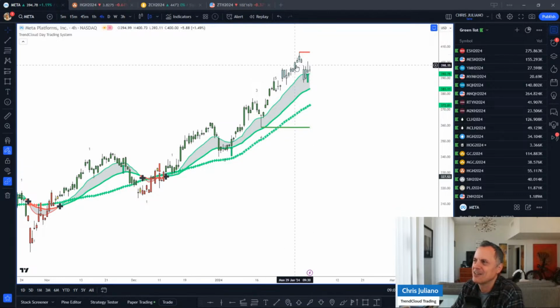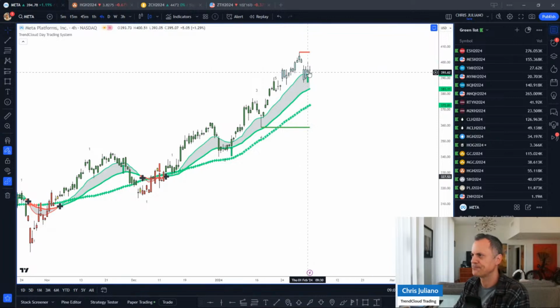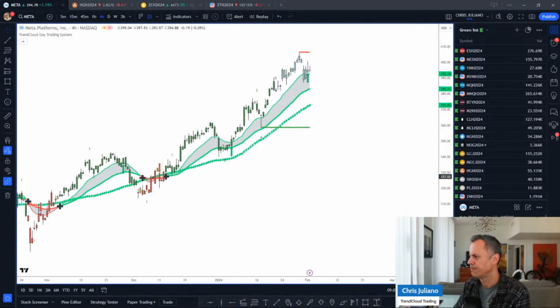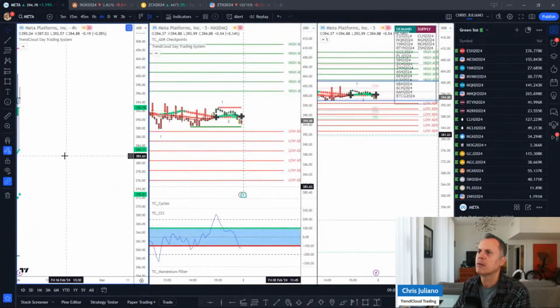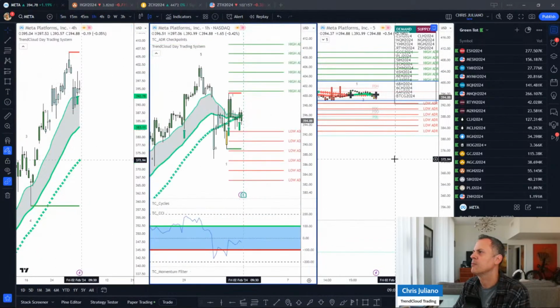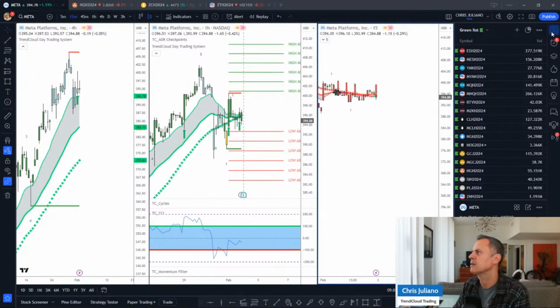Yeah, you can. The thing about it is, isn't it interesting that Mark Zuckerberg sells shares right at the same time that the 4 hour and 1 hour chart here is overextended? Take a look. Here's the 4 hour. Bring up the 1 hour. Okay, don't worry about the 15-minute yet.